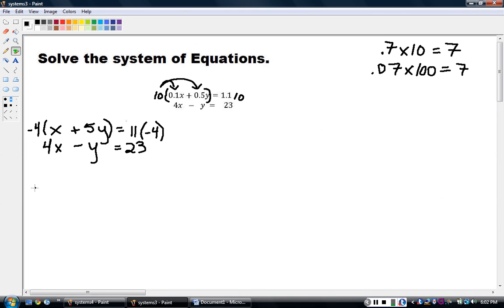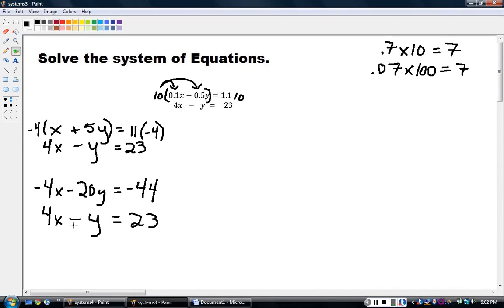So the top equation becomes negative 4x minus 20y equals negative 44. And the second equation I still haven't changed. It's still 4x minus y equals 23.